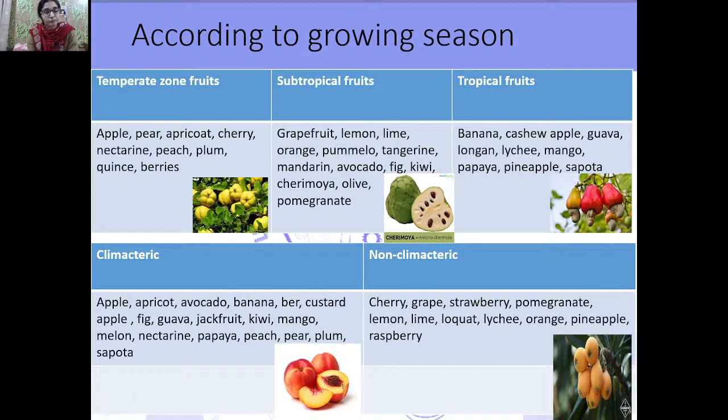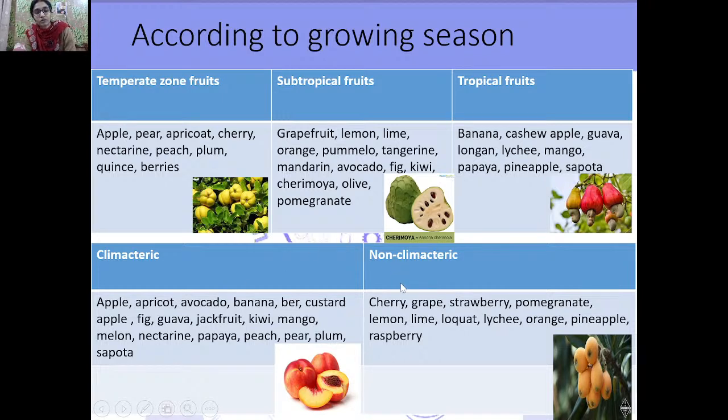They have a mechanism that ethylene is released even after harvesting, and they keep on ripening, like apple, your figs, your guavas, papayas, banana. They are all your climacteric fruits, means these are the fruits which ripen even when they are detached from the tree or the plant.